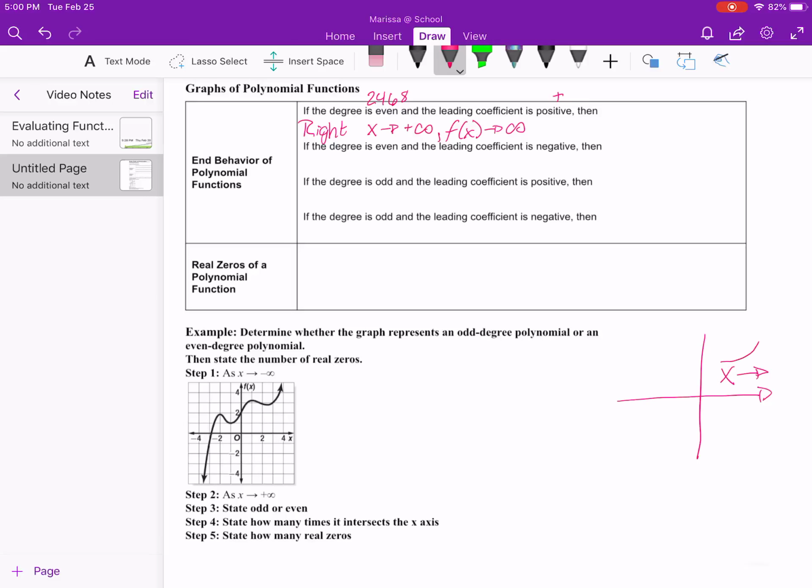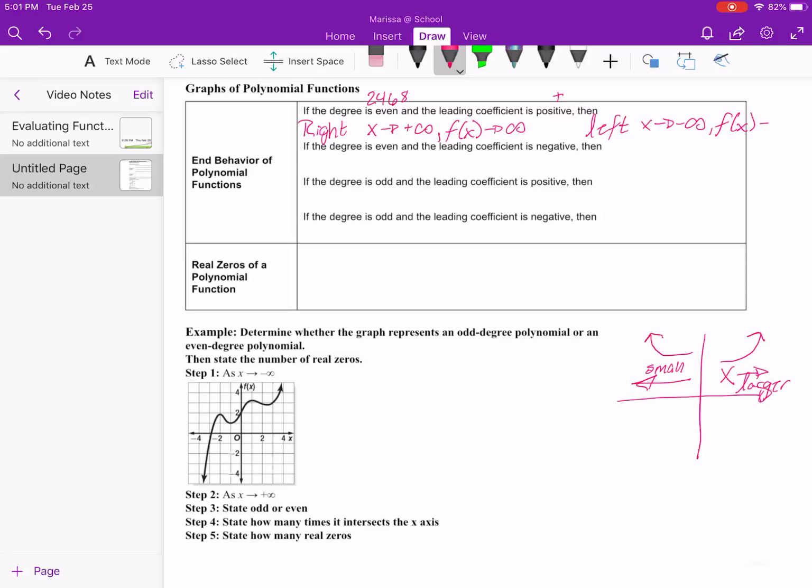In other words, our graph is going to be getting larger and larger. Then if we look at the left side, as our x values are getting increasingly smaller going to the left, they get smaller this way and larger going to the right, then our f of x is also going to be increasing.